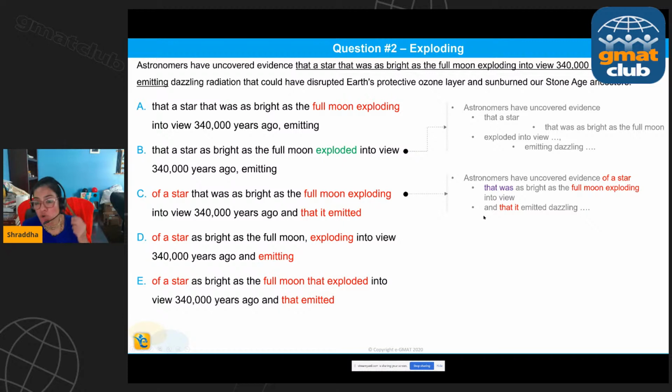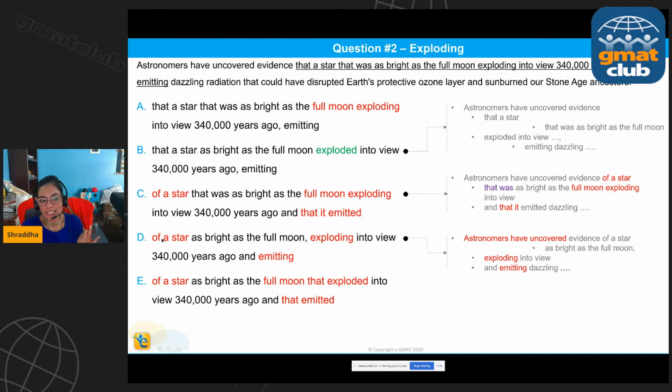These two that's do not perform the same action. But again, the whole meaning of this sentence is wrong, because that cause and effect relationship is not there. And exploding is now talking about full moon, which we don't want. So, of course, choice C is wrong.